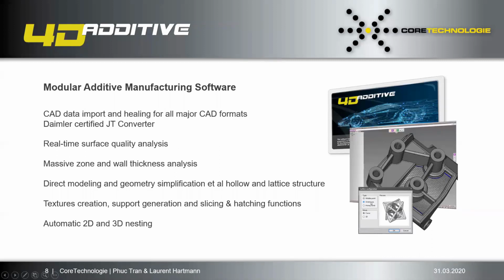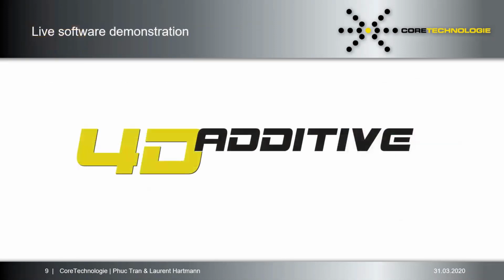But Laurent will inform you and present you with his expertise about all these use cases. Texturing, a unique texturing tool here in this software, support generation, slicing, and hatching functions, and the automatic 2D and 3D nesting. The complete batch nesting software, as mentioned, will be presented in the next webinar.